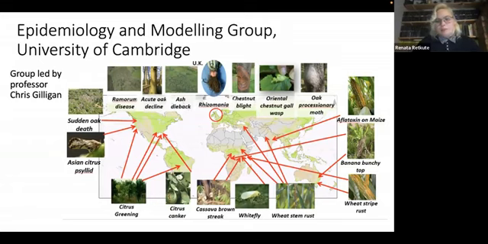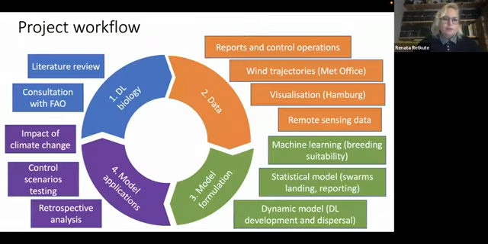One of the most relevant modeling pathosystems is wheat stripe and wheat stem rust, which was the inspiration behind desert locust modeling. I've been involved in many different projects, but I think locust modeling is one of the hardest, because locusts are in a league of their own.